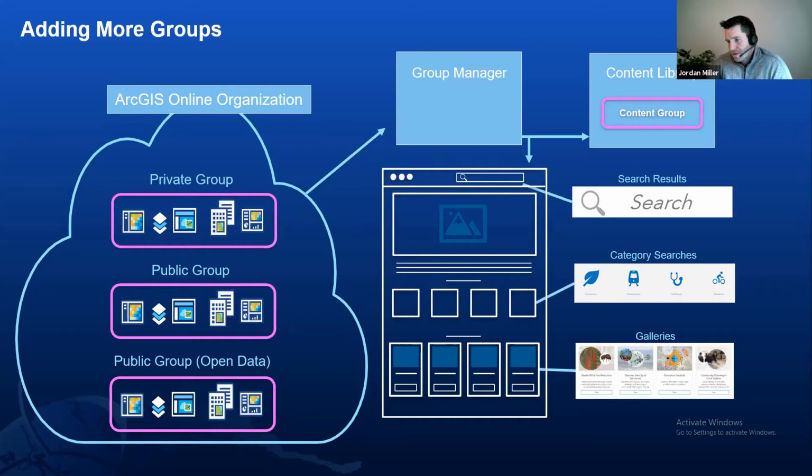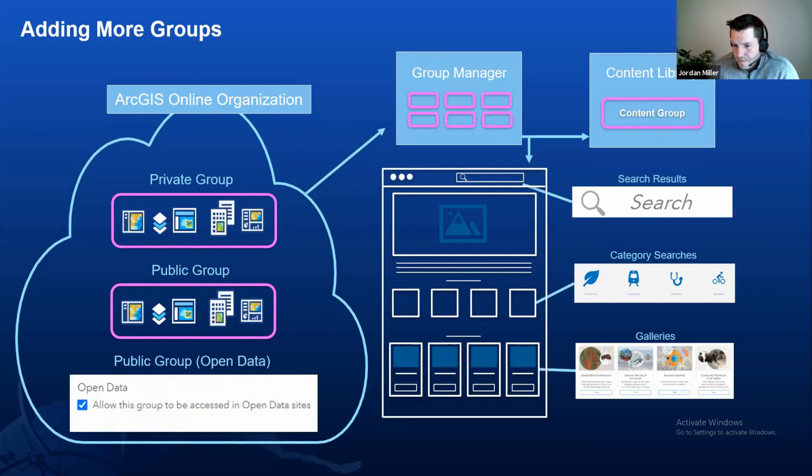And this is where it's going to make sense down the road for Hub Premium, because we are talking about community access. And then through that group manager, you're going to be able to specify which pieces of content you want to include in your site. And then we also have that ability to check or uncheck that group to be accessed in the open data sites.